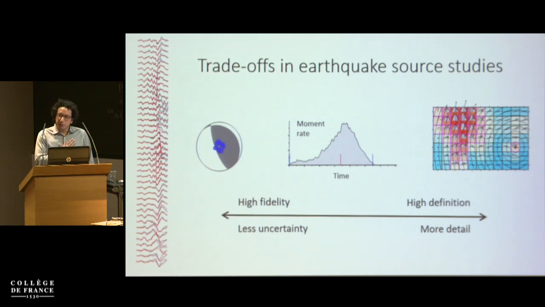So it's somewhere in between these two end members that we will find a sweet spot where we'll have information that is robust enough that we can extract statistical conclusions about the earthquakes and have confidence in it. So today we will be studying moment rate functions of 100 earthquakes or so.